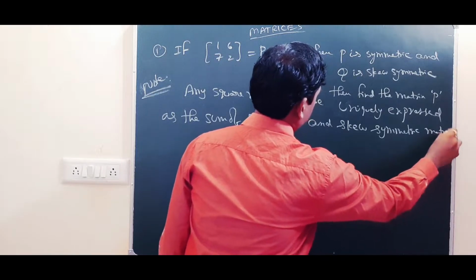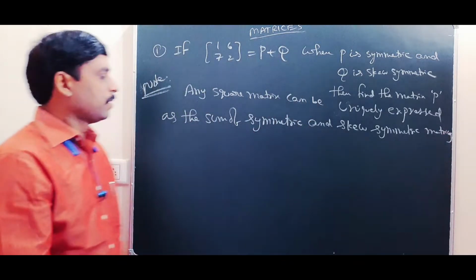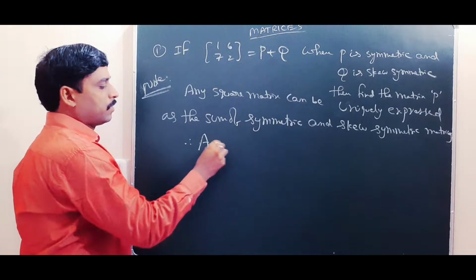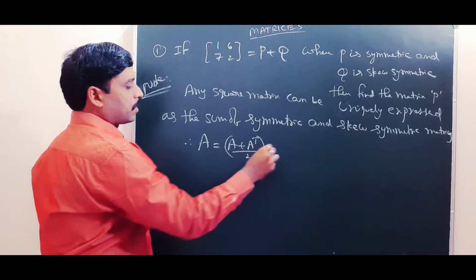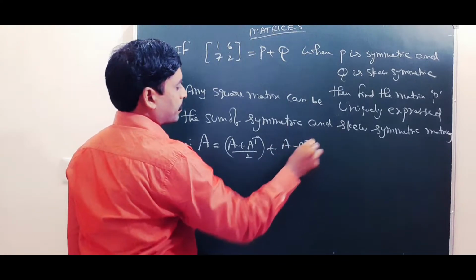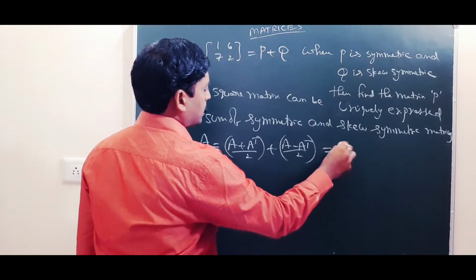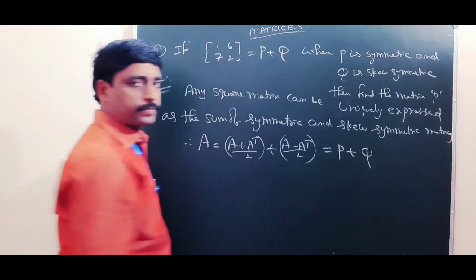Therefore, A is equal to (A plus A transpose) by 2 plus (A minus A transpose) by 2. This is equal to P plus Q.